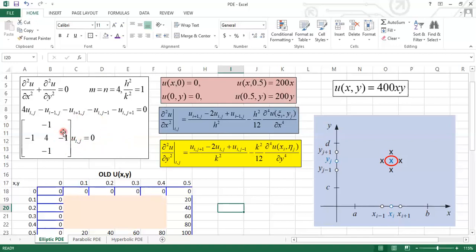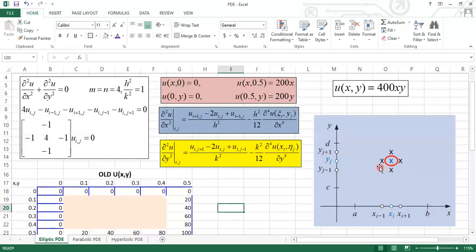So if you like, you can compute that uij will be equal to the average value of the data points surrounding this value uij.